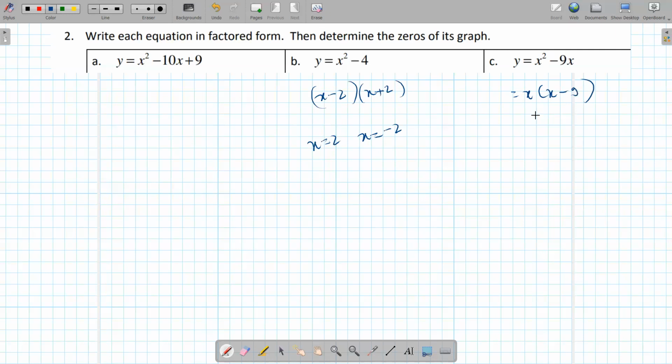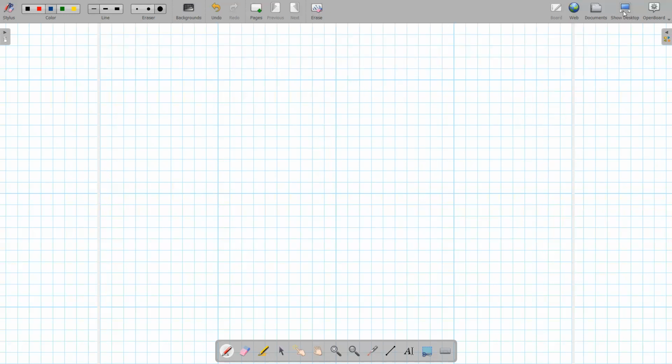So where are the zeros, the x-intercepts? Is it 1 and 9? 0 and 9. Oh, okay. So at x equals 0 and x equals 9.